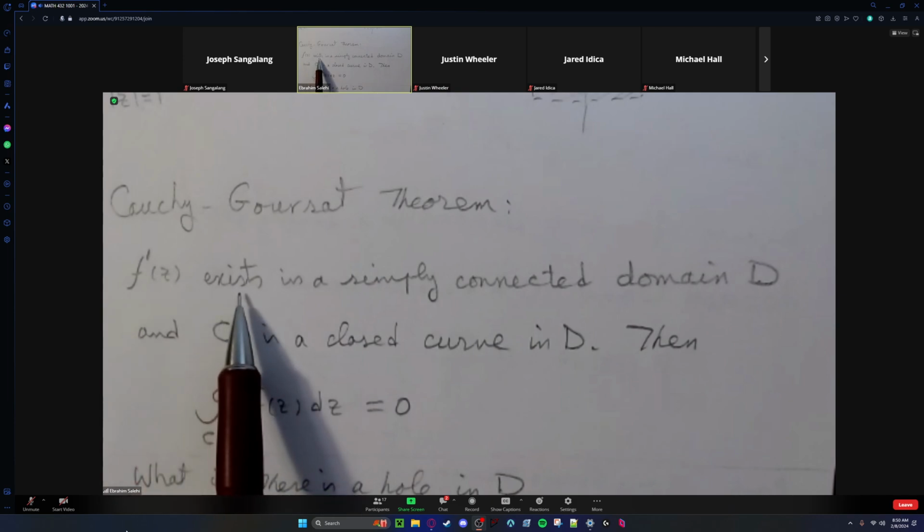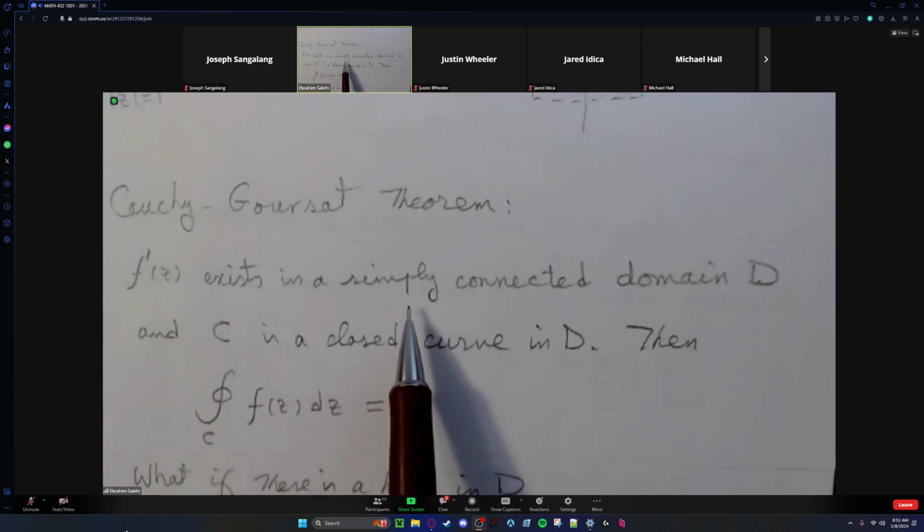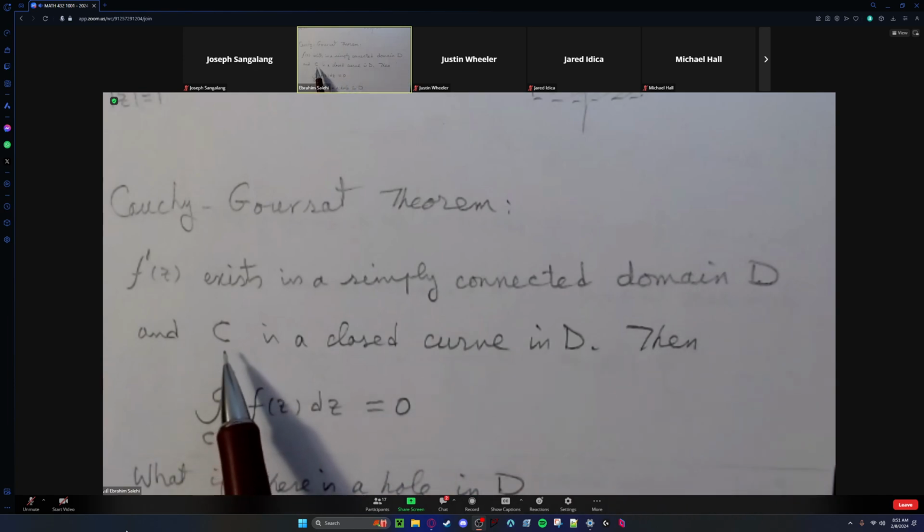Another way of saying it, you need to know that f of z is analytic in a simply connected domain. Analytic means a derivative existing at every point. Whenever you have a closed curve in that domain, the integral over that closed curve is 0, right? Any comment, any question?